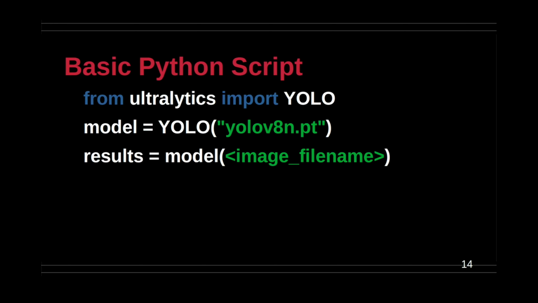When you have trained your own model, you can substitute the model name as the parameter. We will cover the training of user models leveraging YOLOv8 pre-trained models in a future tutorial. The second statement invokes the model function using the name of the input file as the only parameter.